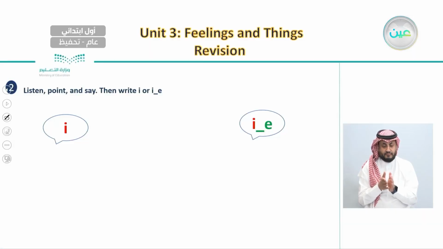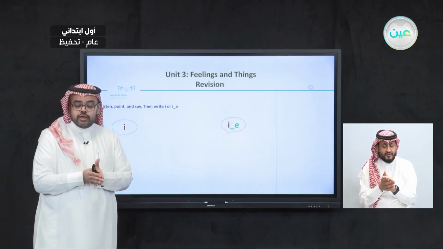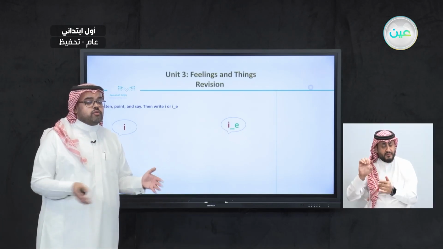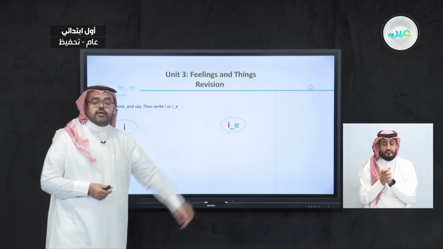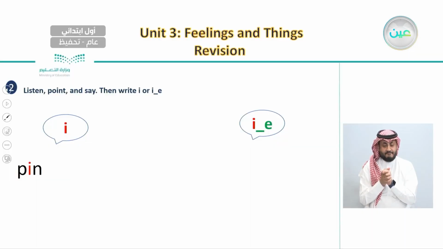Now, the other example we learned last time is words that have I in the middle, and also words that have I and end with E. And we said that we can now know the difference between how to pronounce words with only I in the middle and how to pronounce words with I and E at the end. So as you can see here we have this word. Let's listen to it and say it after me. Pen, pen.